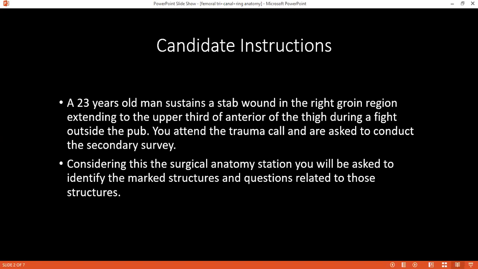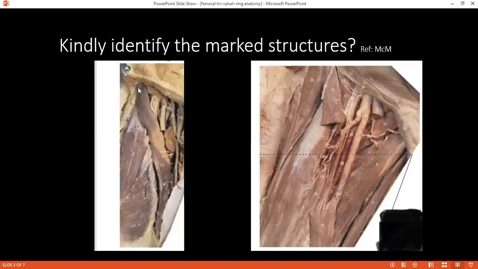If you have read and understood the surgical anatomy station, kindly tell me if you can identify which region you are looking at in picture A on the right hand side.